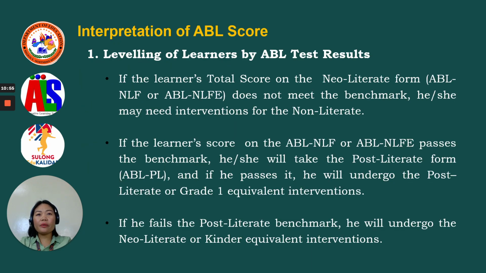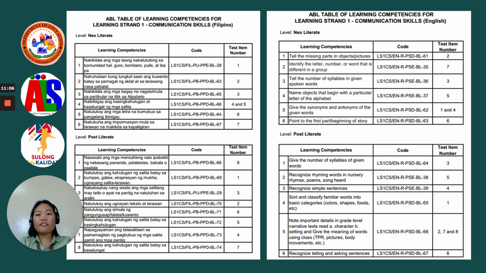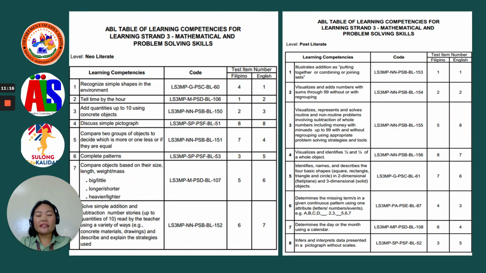After knowing the incorrect items, the facilitator will present the table of learning competencies. So here are the samples of the table of learning competencies from the neo-literate down to the post-literate. Those are the different samples.